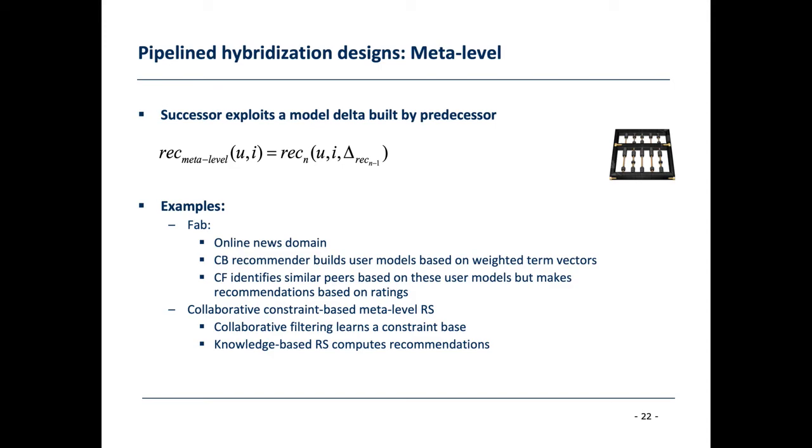Examples here, because there's a very large number of possibilities, are that you've got a content-based recommender that's going to generate a user model using some form of vector space model that's going to extract from the content it's presented with, and then the collaborative filtering portion of the recommendation system is going to extract similar peers and then use a recommendation based upon the ratings of similar users.